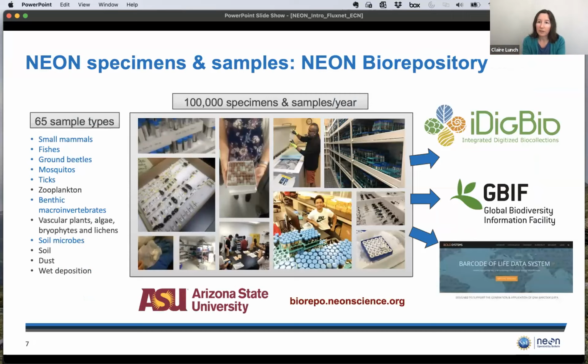So, again, if there's something that you are interested in measuring, say in soils across 47 sites across the United States, and it's something that NEON doesn't measure, you can talk to the biorepository and have a grant of your own to analyze whatever that component is in the samples that are available from the biorepository. And I would say, at this point, NSF is very excited to fund work to take advantage of these samples. So I think now is a great time to get funded to do this kind of thing.